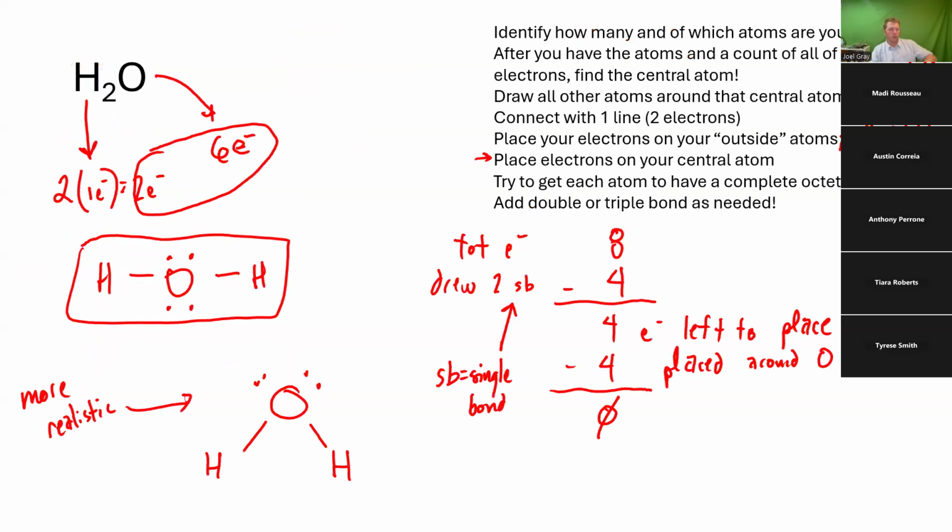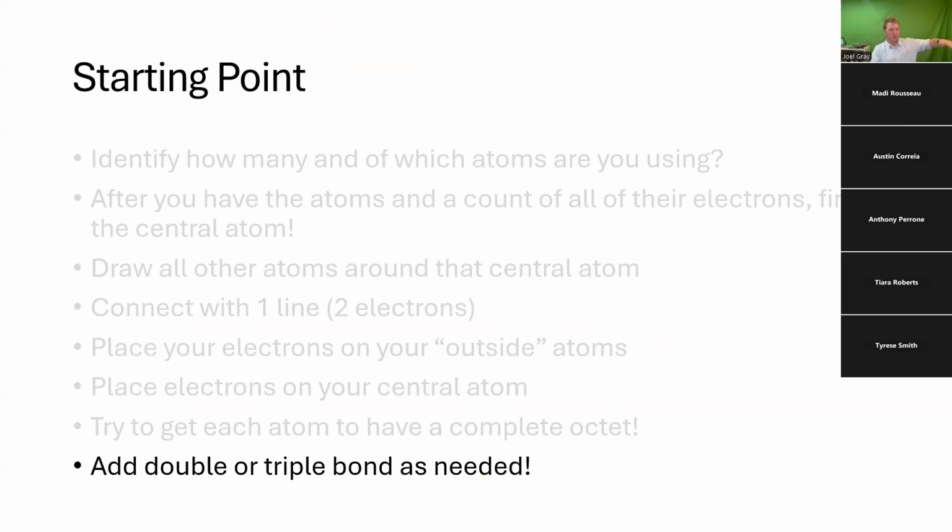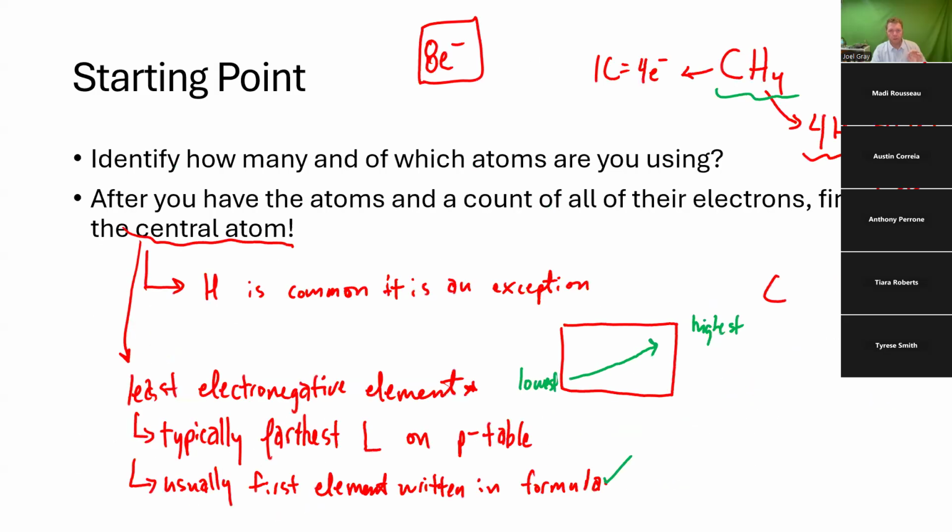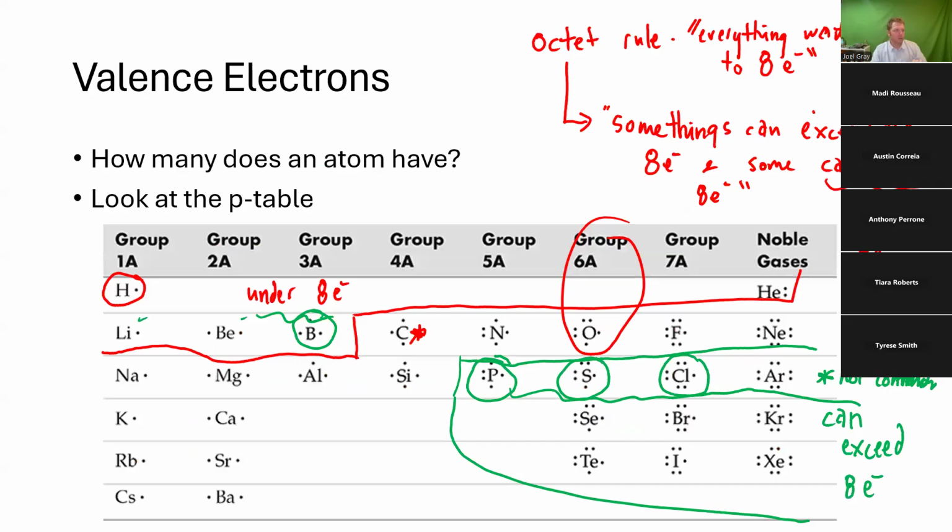What I'm doing is this exact same set of rules right here, and that set of rules is basically spelled out here. My biggest reference point is this slide right here. This tells me the number of valence electrons that each atom is coming to the party with.